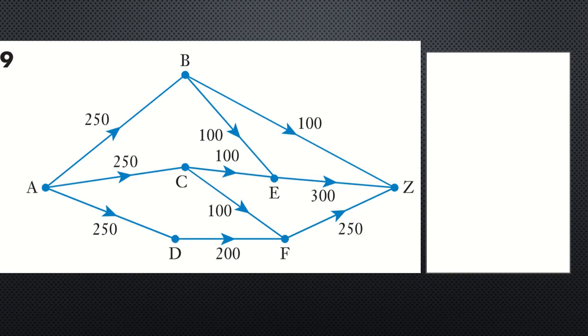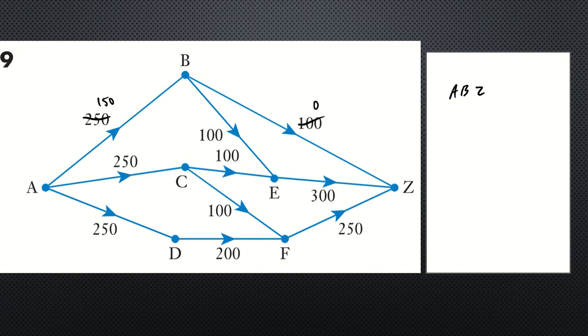All right, this one, question 9, is a little bit more difficult, but the same process will apply. I don't know if you noticed when I answered question 4, but I started with the top route and I just made my way down through the network. So here we've got A, B, Z to start, and the flow I have through there is 100, so that's going to become 0.